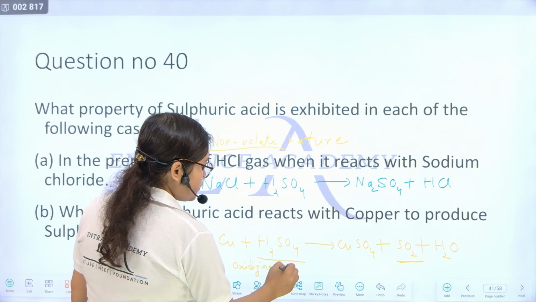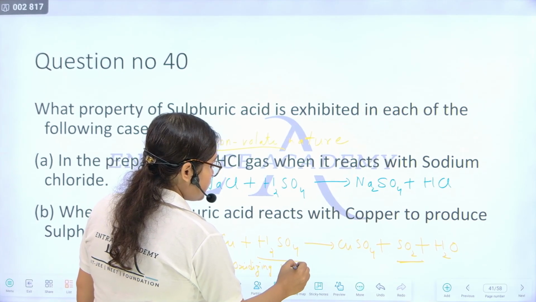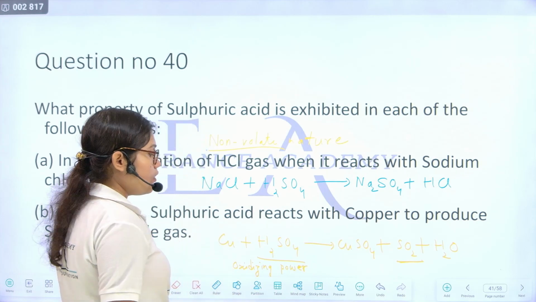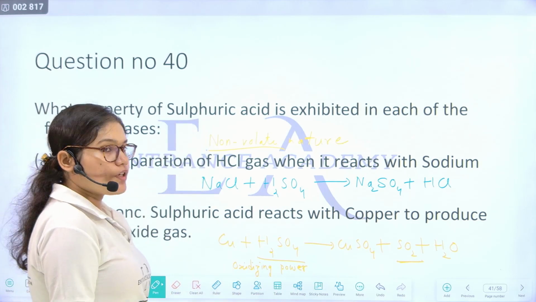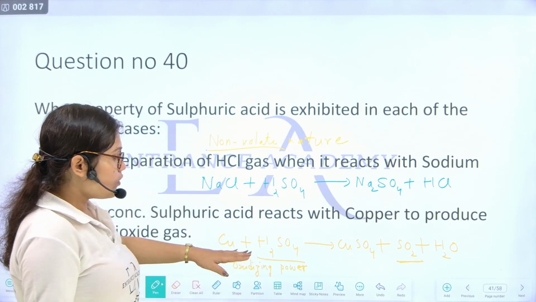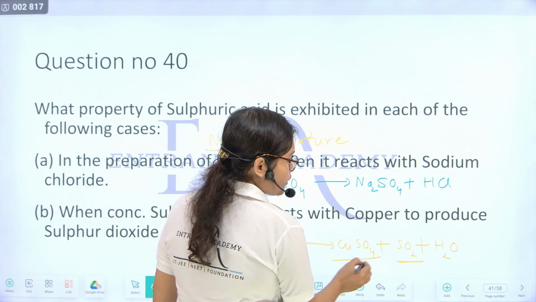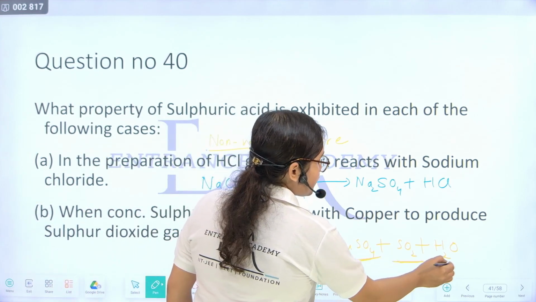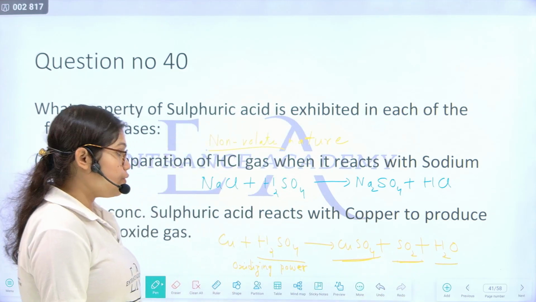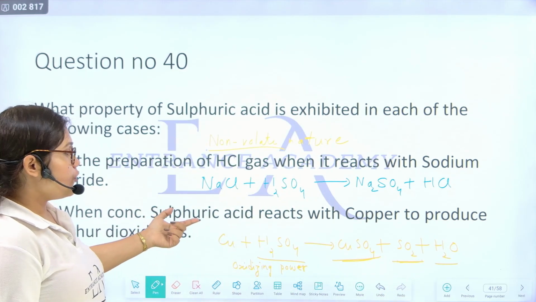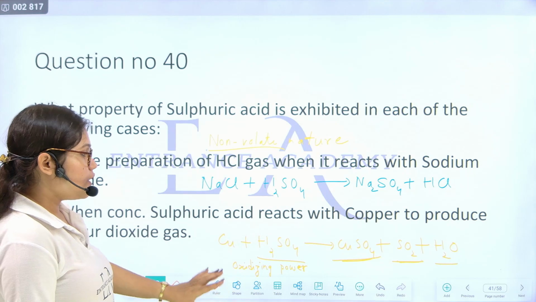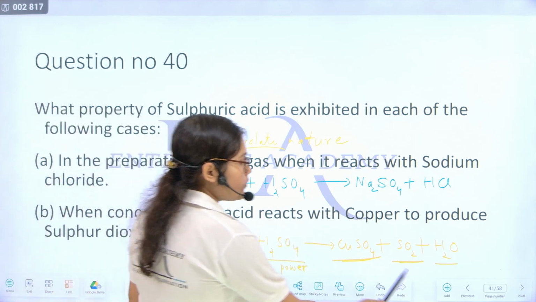When copper reacts with sulfuric acid, sulfur dioxide is produced due to its oxidizing power. These are the oxidized products: copper sulfate, sulfur dioxide, and water. Due to its oxidizing nature, we use sulfuric acid to produce sulfur dioxide. Next question.